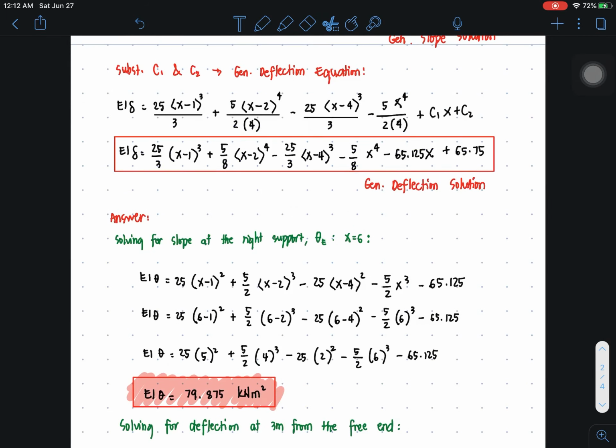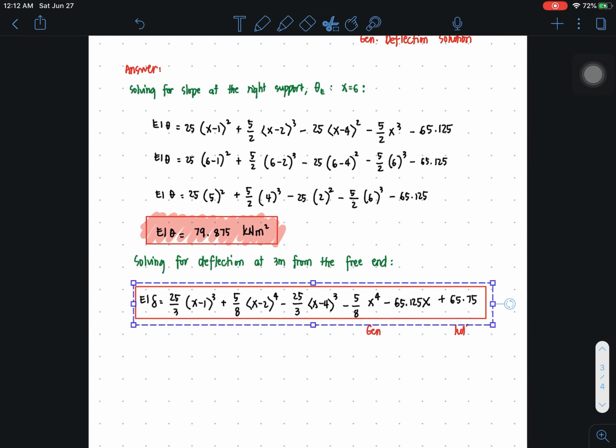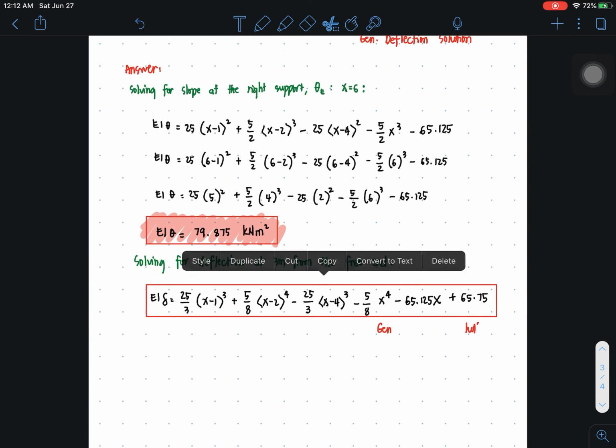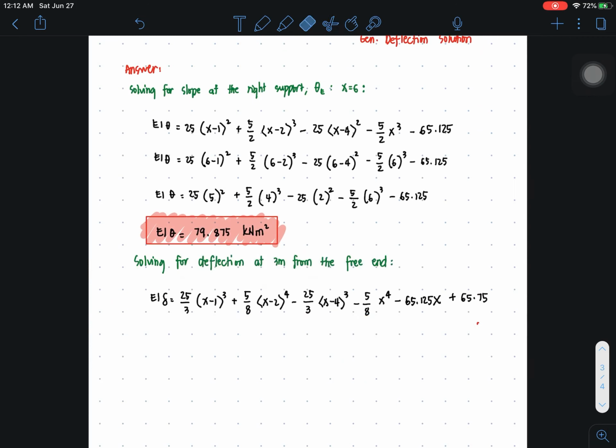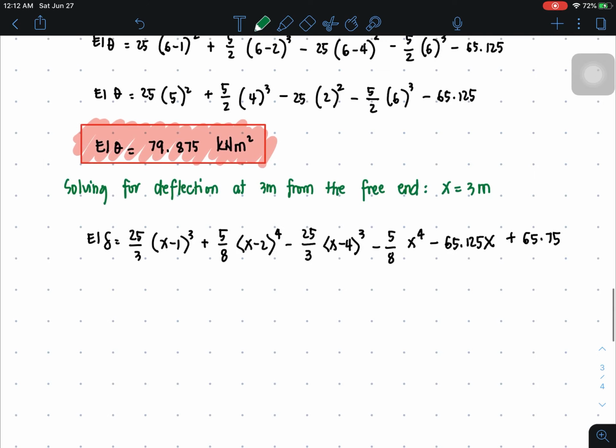Ato sa siyang i-copy, and then paste, and then of course atong i-delete ang walay labot. Okay, so we will be having x is equal to 3 meters. X equal to 3 meters.